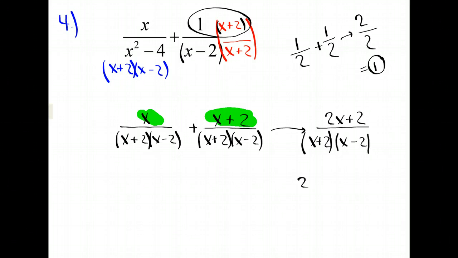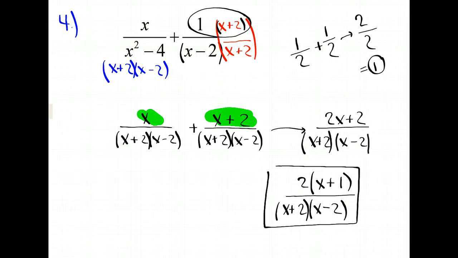So my final answer could be 2 times x plus 1 all over x plus 2 times x minus 2, and you factor that just to see if there's anything else that may reduce, and nothing actually reduces, so you can leave your answer like this, or you could multiply out the denominator, so you had x squared minus 4, that's fine as well, but nothing else cancels here, and restrictions on the domain are equal to x cannot be plus or minus 2. So there's number 4.